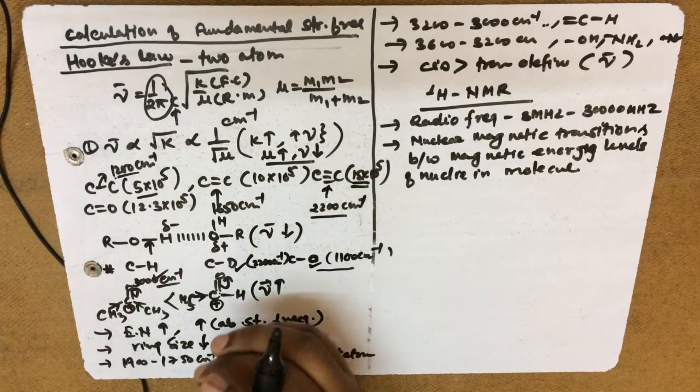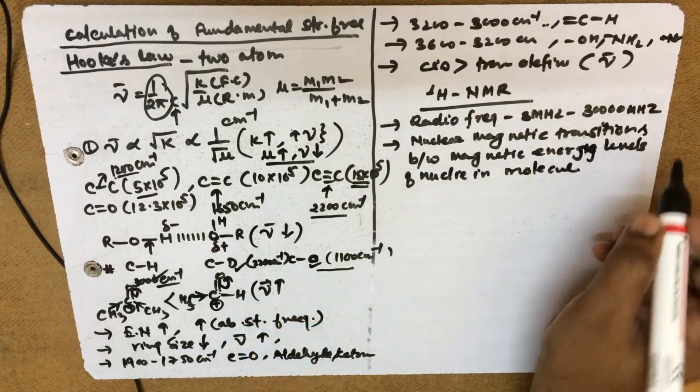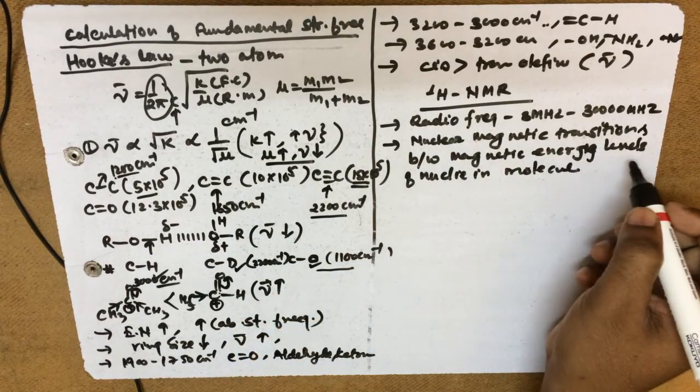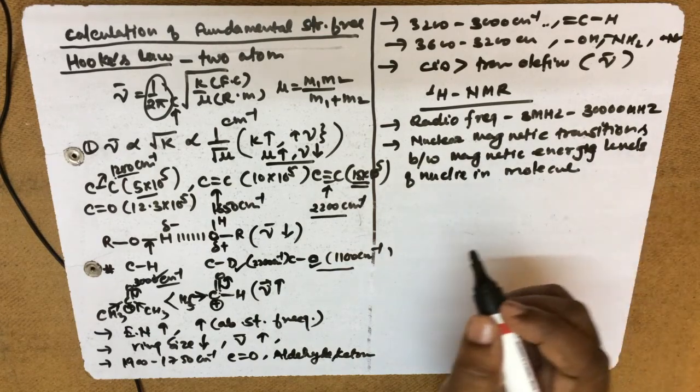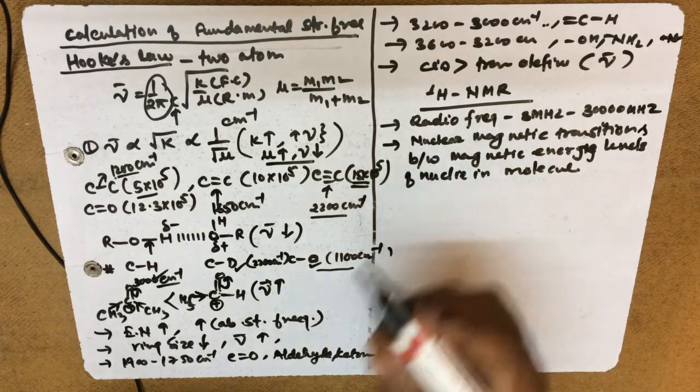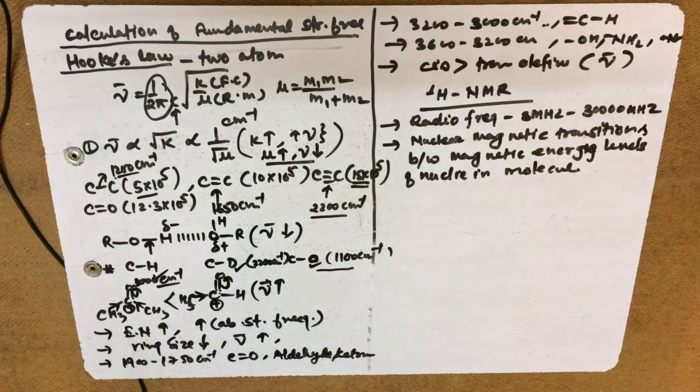So it is basically the nuclear magnetic transition between magnetic energy levels of nuclei in the molecules, okay. So this is the basic introduction about NMR spectroscopy, okay.